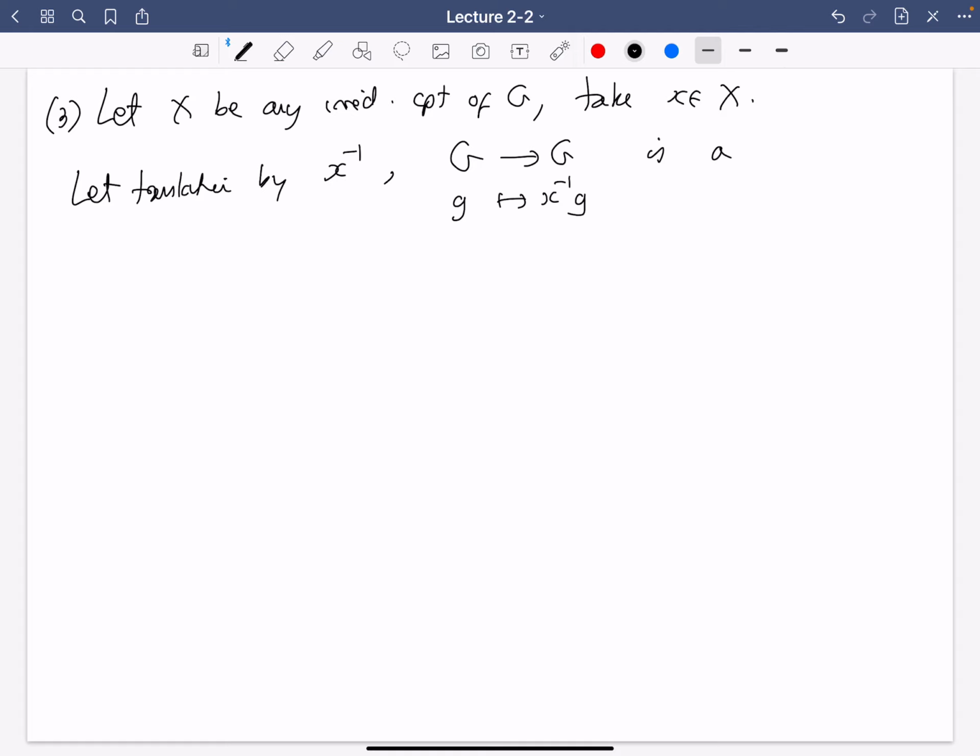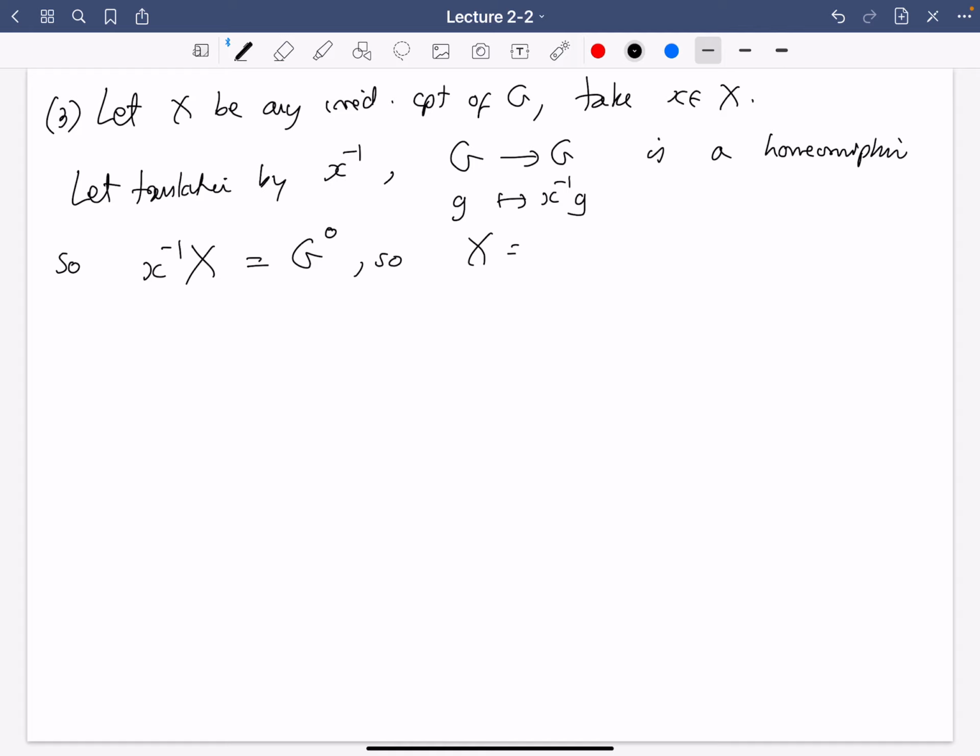This is a homeomorphism. So it sends irreducible components to irreducible components. So that translation, x inverse X, is an irreducible component of G, and now it contains E. So it must be the unique irreducible component of G containing E.